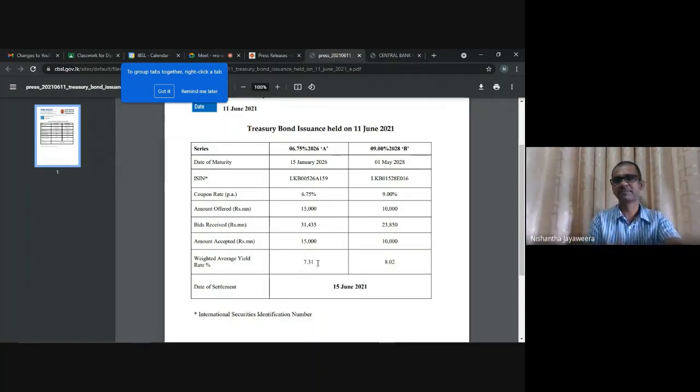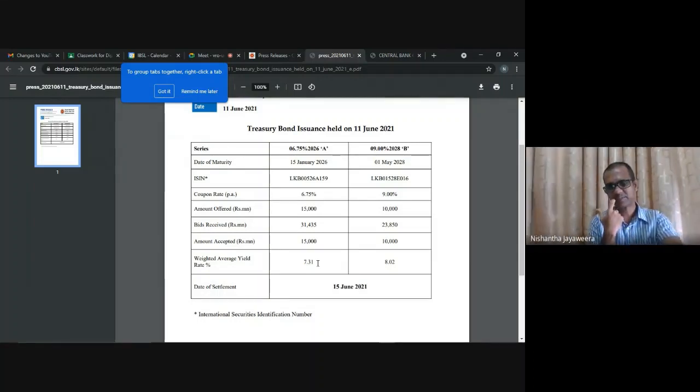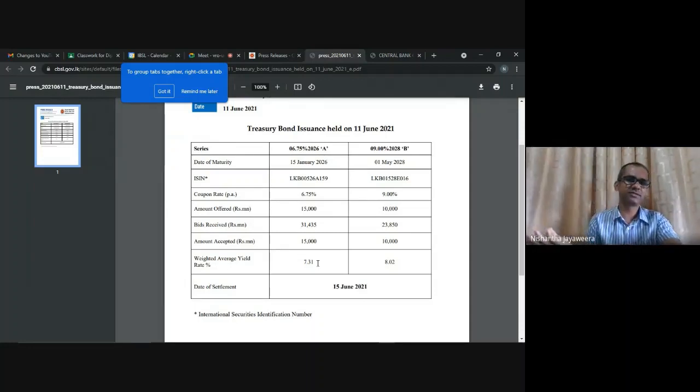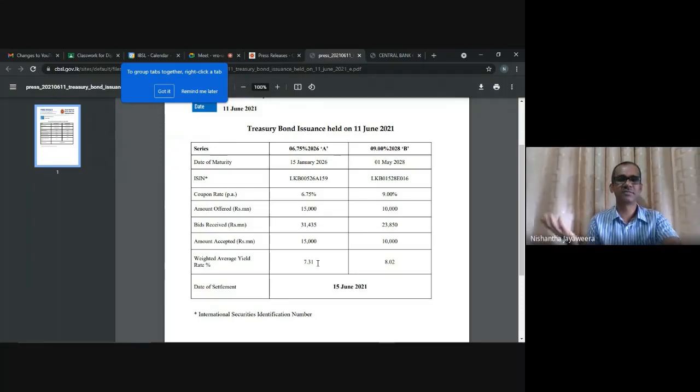That's one thing. The second thing is perceptionally, what do you expect? If you expect to hold it until maturity, those sort of investors would like to buy it at a discount.